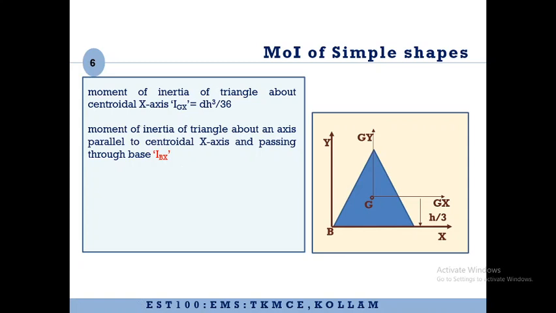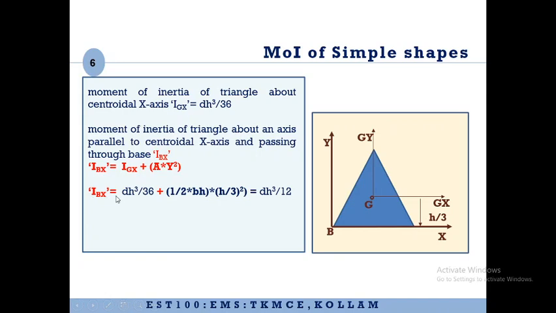So what we will do is apply the parallel axis theorem. Ibx is equal to Igx plus A into y square, that is moment of inertia about the parallel axis is equal to moment of inertia about the centroidal axis plus area into distance between the two axes square.